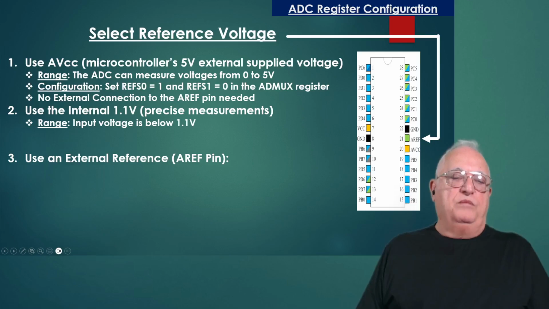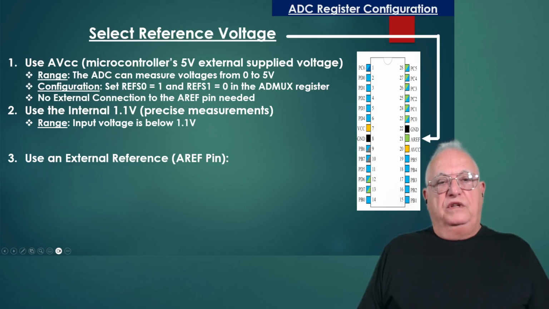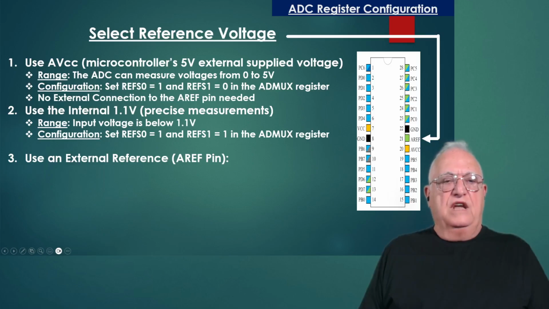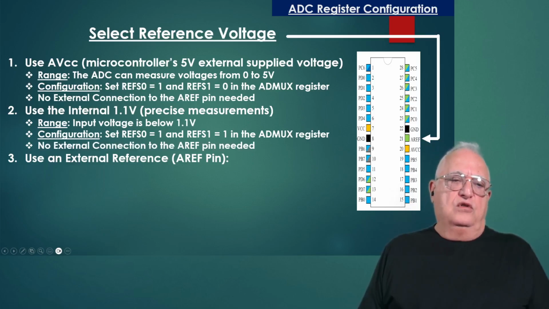Now let's look at the 1.1. The range in this case is going to have to be below 1.1 volts, between 0 and 1.1. The configuration is REFS0 equal to 1 and REFS1 equal to 1 in the ADMUX register, and also no external connection to the AREF pin is needed.